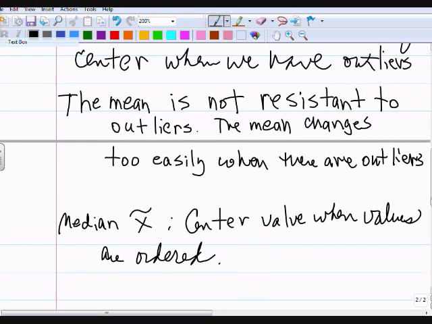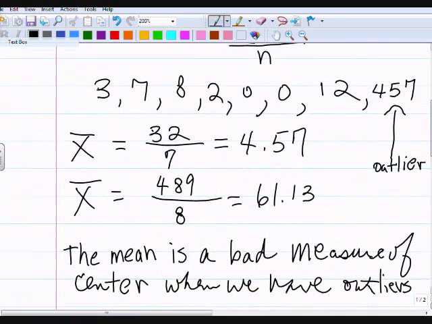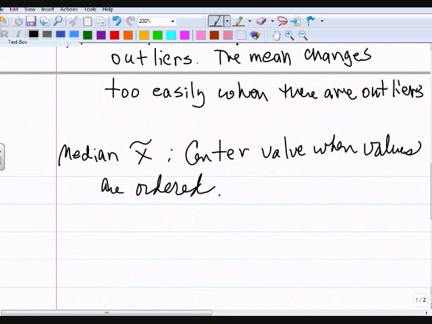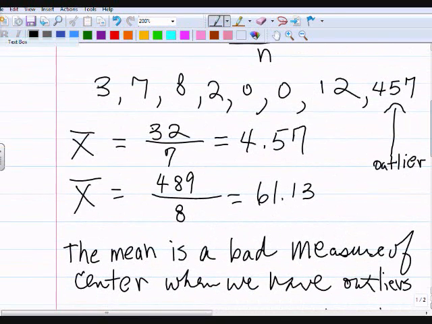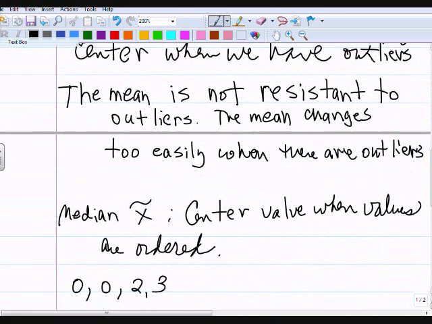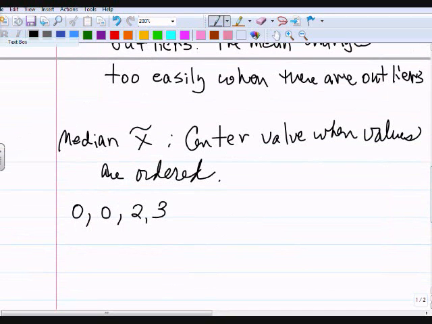So let me go back to my previous data set. I'm going to order those values: 0, 0, 2, 3, 7, 8, 12. Get that definition back there for you.